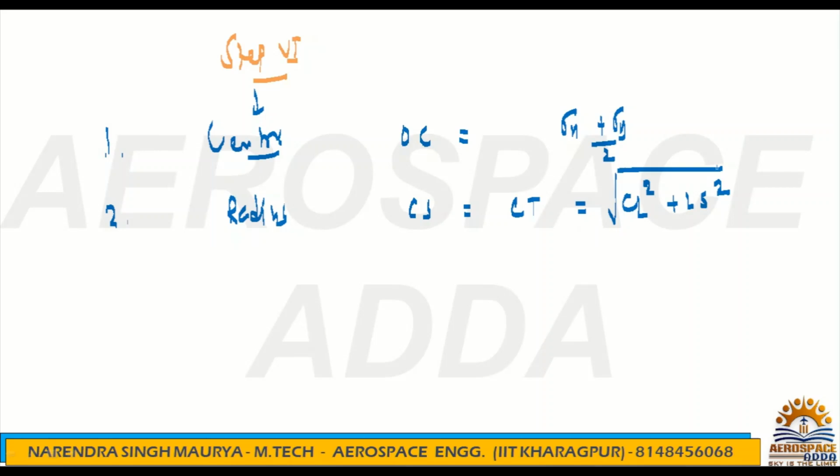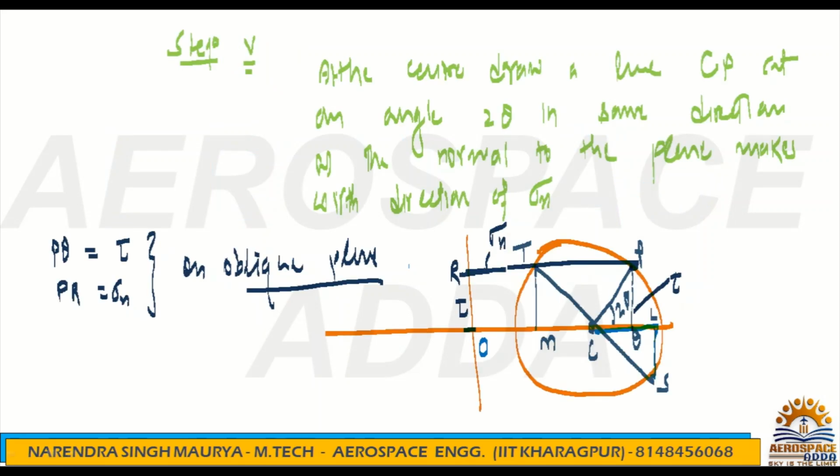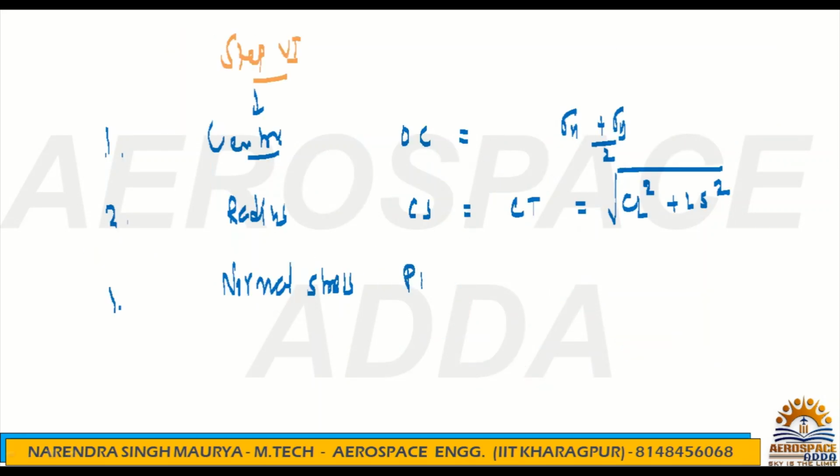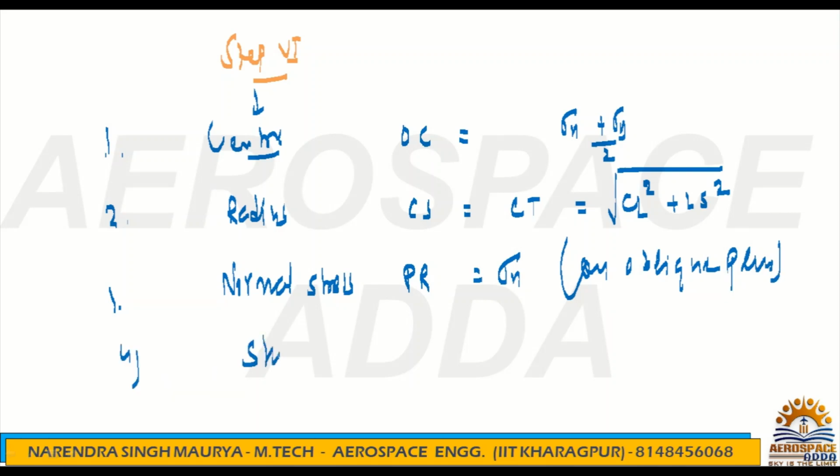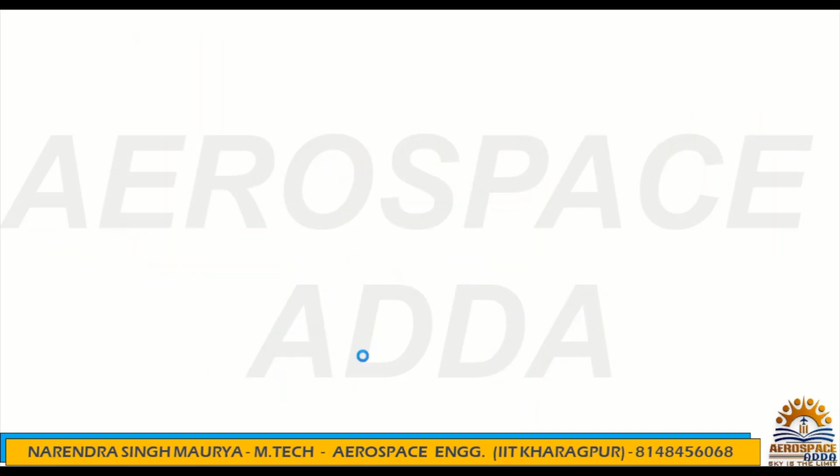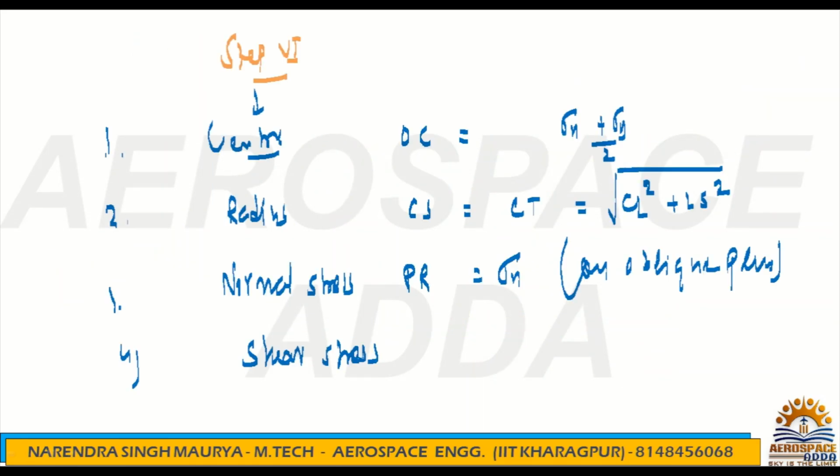PR is nothing but sigma n, and PR is the normal stress on the oblique plane. And last is the shear stress on the oblique plane, that is PQ.